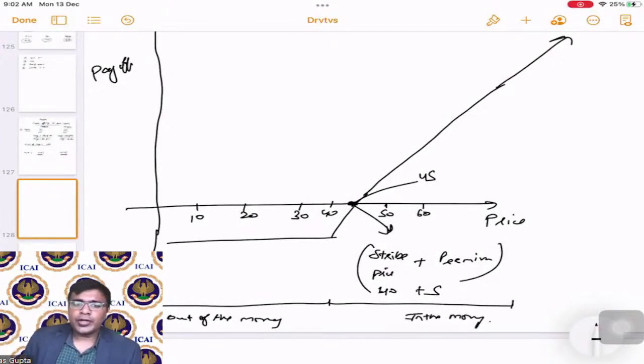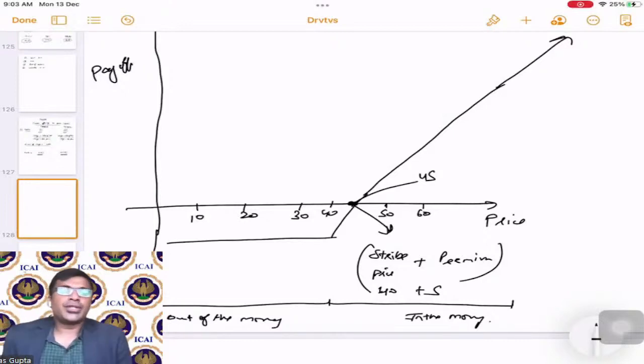Now, in this, would it be right to say that till the option is out of the money, any change in spot price will not have any impact on the valuation, right? Any change in spot price.